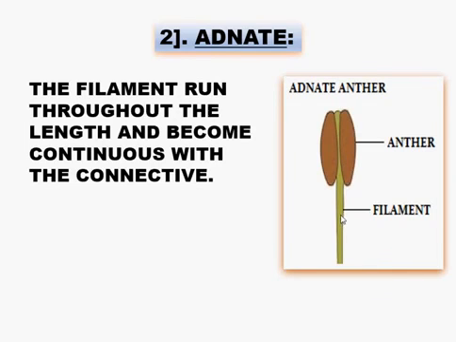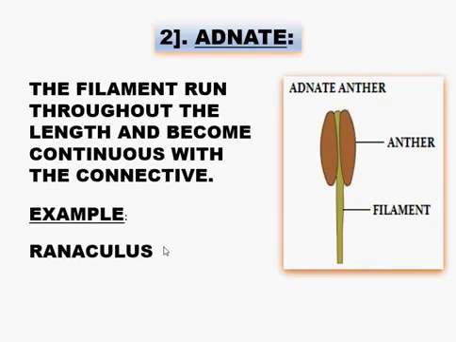We can observe the difference between this and the previous. The filament is continuous throughout the anther and becomes continuous with the connective. Such type of fixation is called adnate. Example, Ranunculus, magnolia.